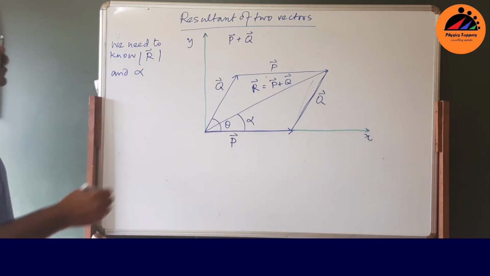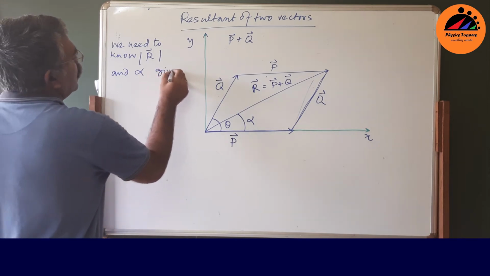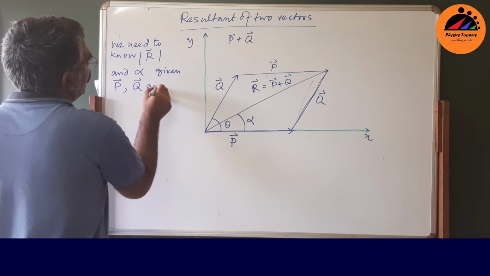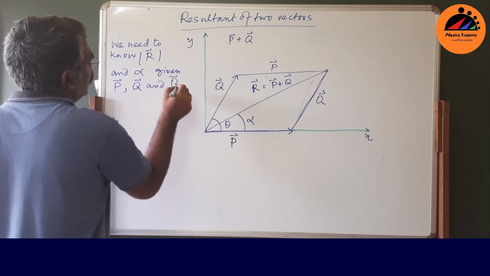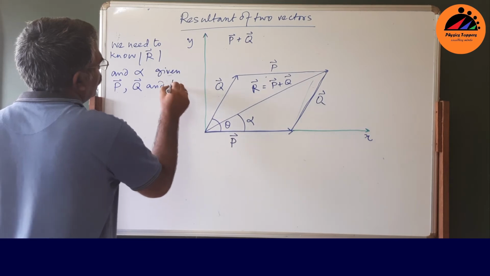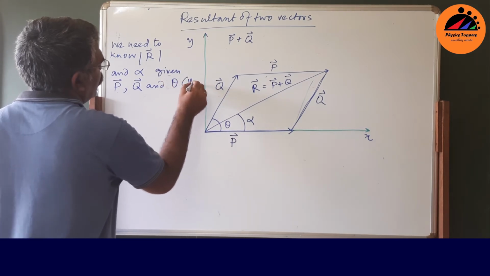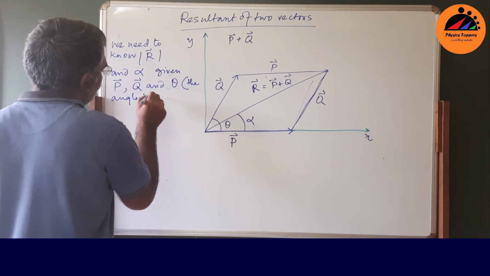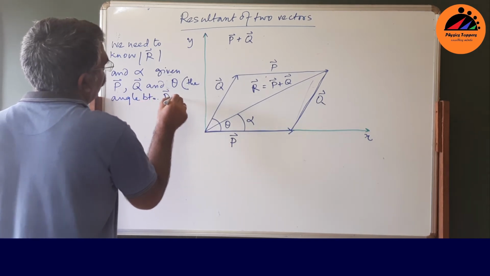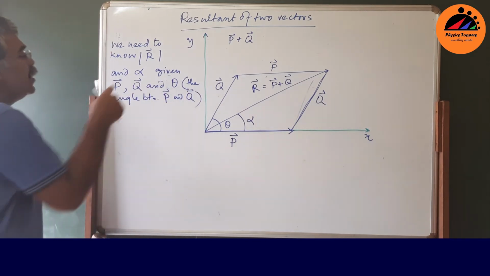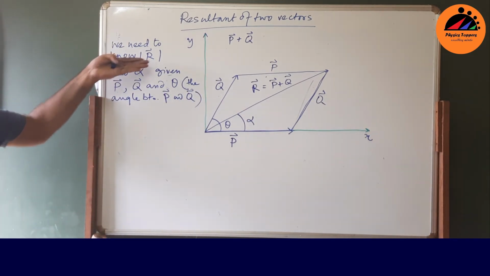Given p, q and theta, the angle between p and q, we need to know r and alpha.